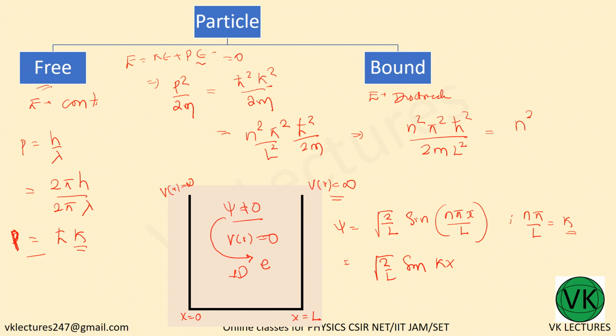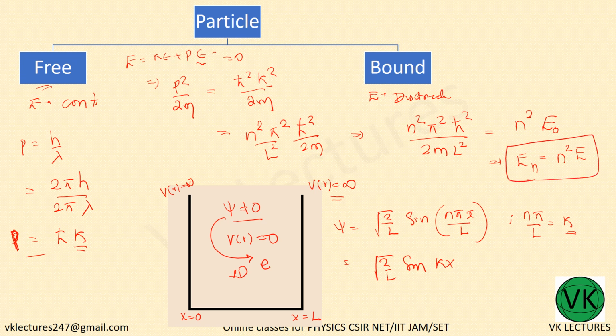All are constant, so you can write it as E naught. So your total energy E is equal to n square E naught. Total energy means the energy of the nth state. If the electron is in the nth state, your energy is given by this.